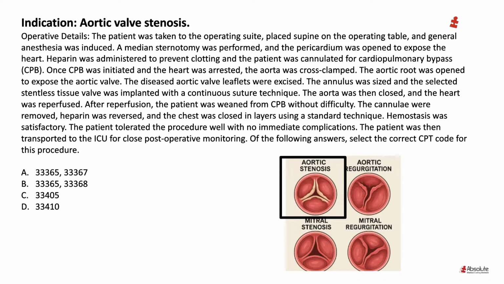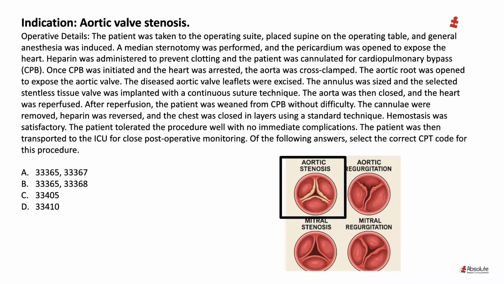Heparin was administered to prevent clotting, and the patient was cannulated for cardiopulmonary bypass, or CPB. Once CPB was initiated and the heart was arrested, the aorta was cross clamped. The aortic root was opened to expose the aortic valve. The diseased aortic valve leaflets were excised. The annulus was sized and the selected stentless tissue valve was implanted with a continuous suture technique.